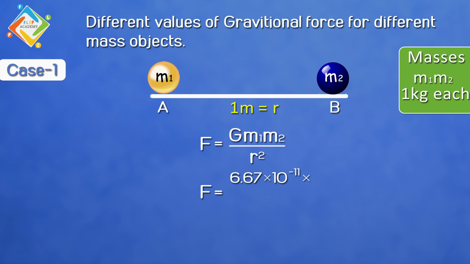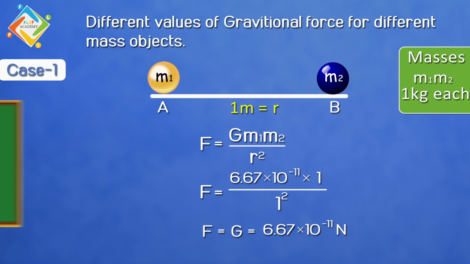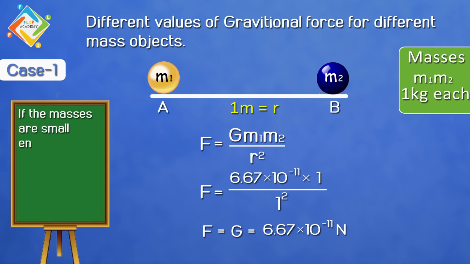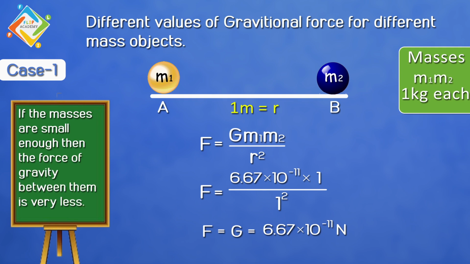Both masses are 1 kg, so it is multiplied by 1 upon r square. r is 1 meter, so it becomes 1 square. That is, the gravitational force equals the gravitational constant, 6.67 into 10 raised to the power minus 11 Newton. So we can see from the above expression that if the masses are small enough, then the force of gravity between them is also very small.